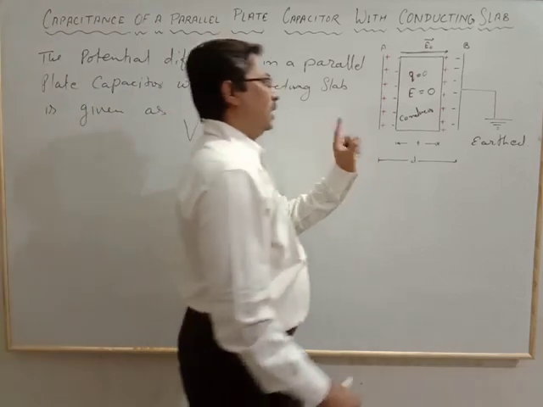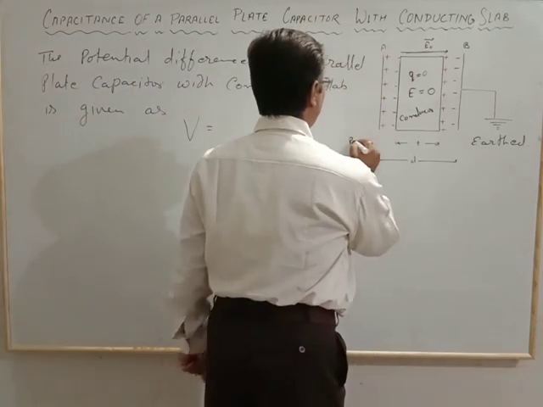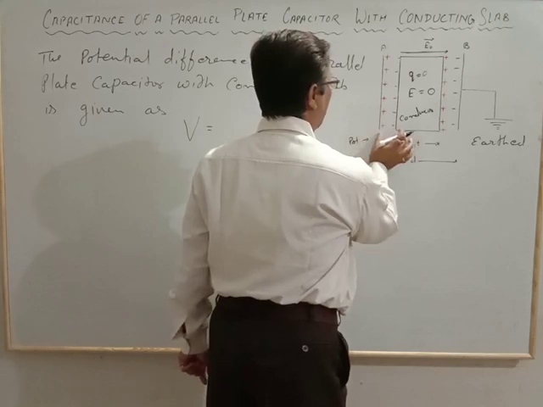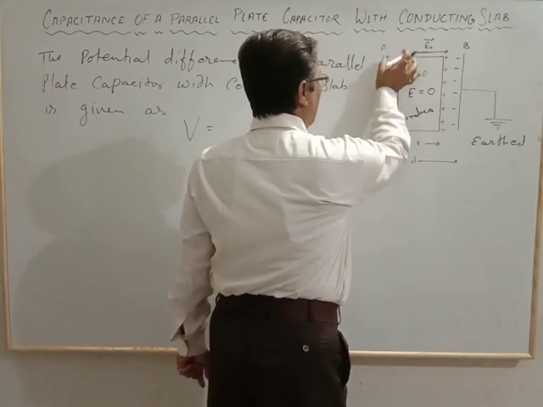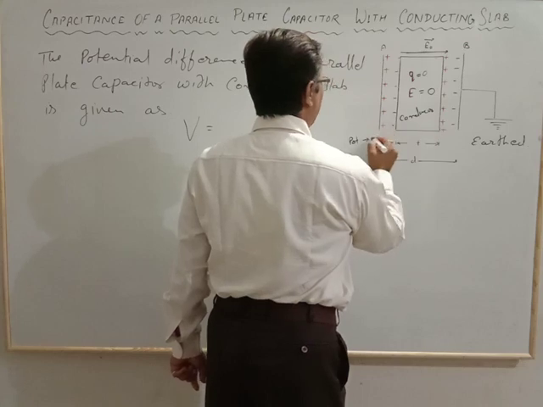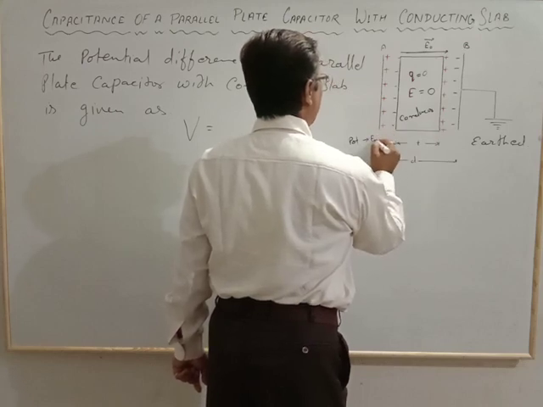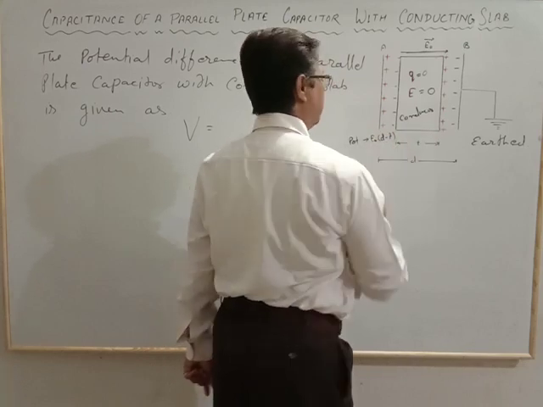Now here the potential lies only in the gap between the plate and the conductor, that is E naught into (D minus T).